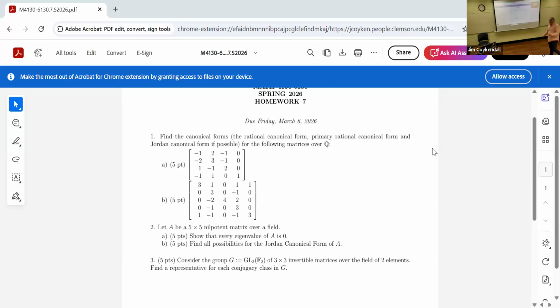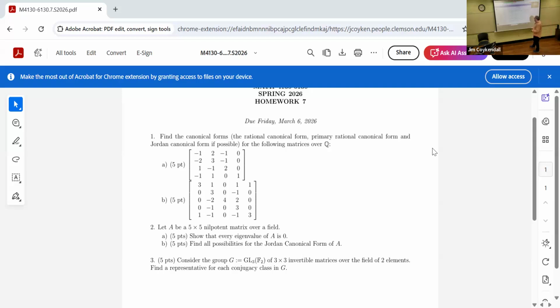A matrix is nilpotent if and only if every eigenvalue is 0. Find all the possibilities for the Jordan canonical form of matrix A.